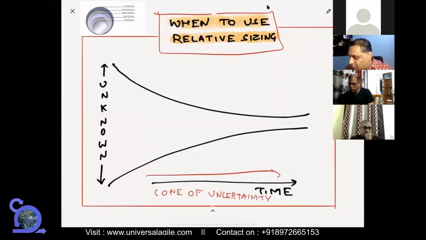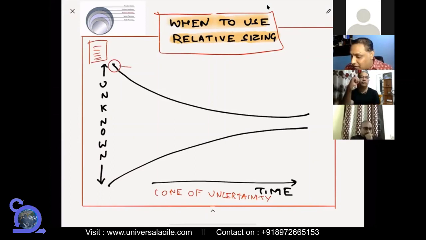If this is time, and this is unknowns. Let's say you get a new project with a lot of work. Initially, you have a lot of unknowns, right? And as time passes, your unknowns go down. That means if you are at this place, somewhere here, this is the good time to do relative sizing.